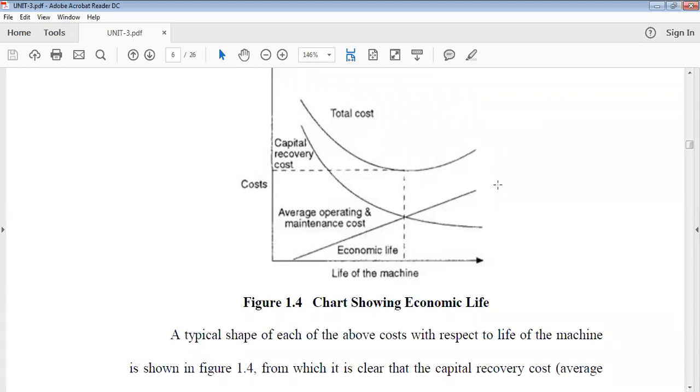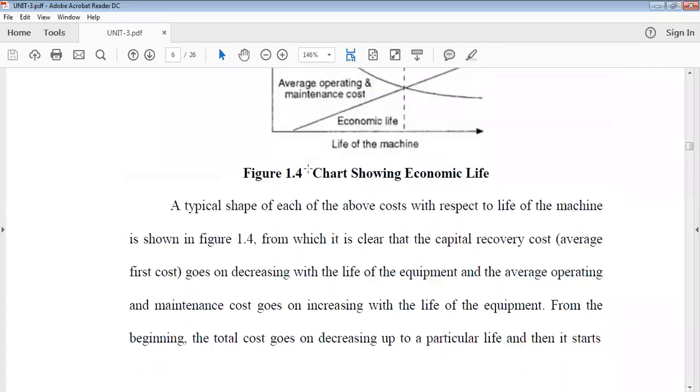Capital recovery cost is decreasing with the life of the machine. Next, average operating cost and maintenance cost are increasing. So this is the chart showing the economic life of a particular machine.